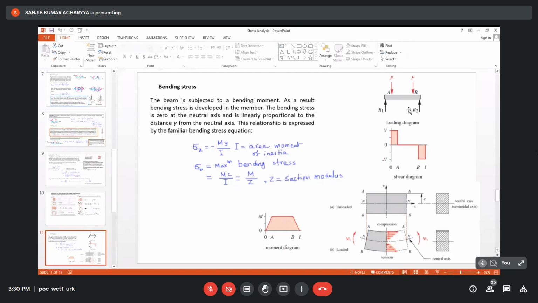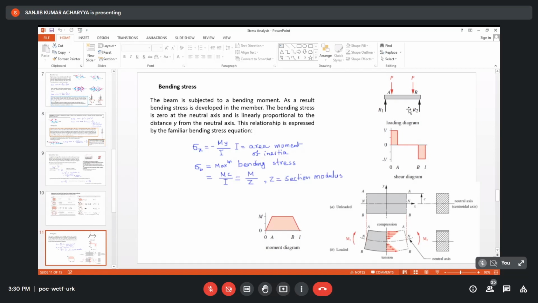The value of bending stress is actually normal in nature, mind it. It is termed bending stress because this normal stress is developed due to bending, but by nature it is normal stress.